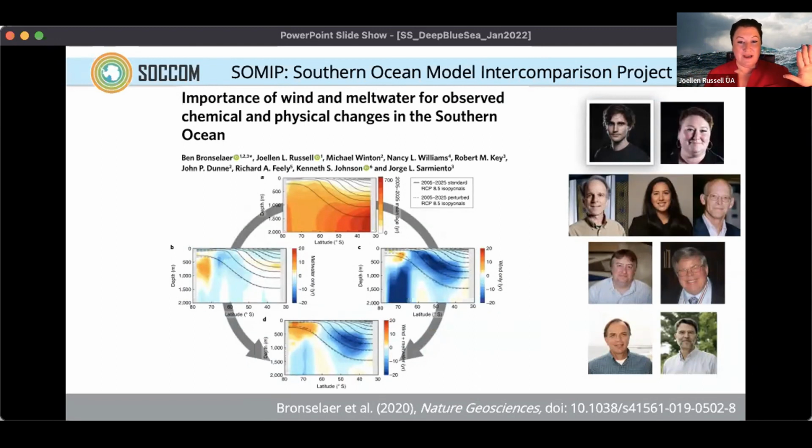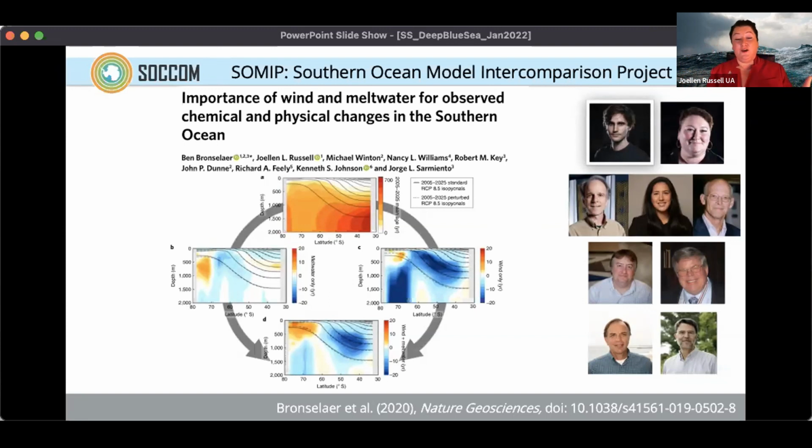He did one where he changed the winds, and he did the exact same thing, and he changed how much fresh water was melting off Antarctica. And then he did one where they combined both of them and said, which one of these matches the float data best? It was the one where we combined the increase in the wind with the fresh water from Antarctica. Those two together gave us the best representation of what our floats were telling us. I know, it's so exciting.